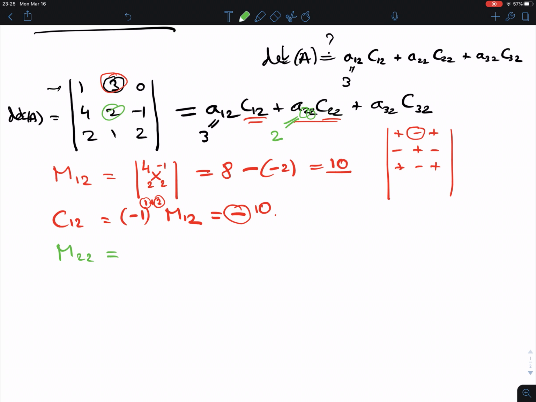Well, M22, you scratch out the row and the column that it belongs to, and you're left with 1, 0, 2, 2. All right? So second row, second column, and what is left is the elements 1, 0, 2, and 2. These are exactly the elements that I wrote there in my determinant.